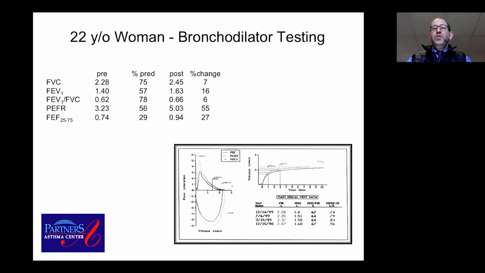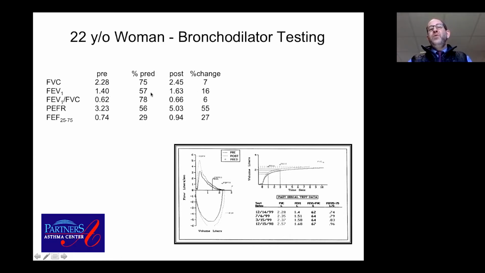All right, so here's a 22-year-old woman that we saw in clinic, and this is her data: her FVC, her FEV1, the ratio of the two, and her peak flow. What you can see here is that her FEV1, as a percent predicted, this value, 1.4 liters, is lower than it should be.